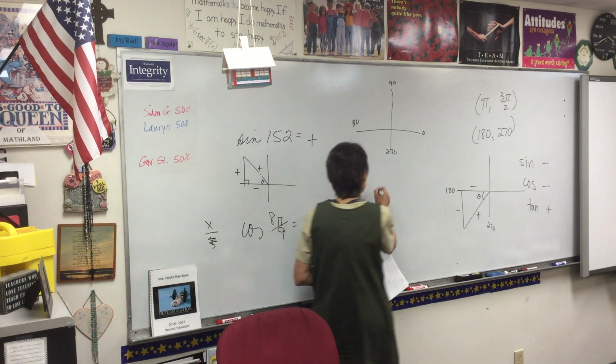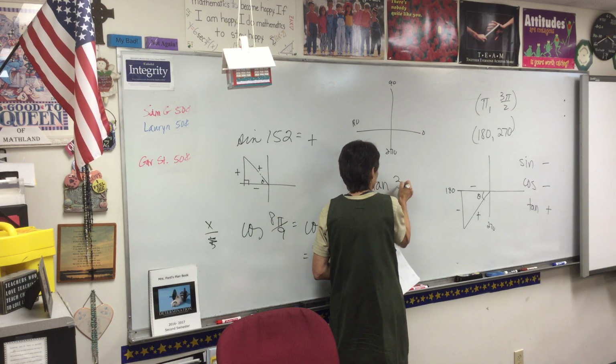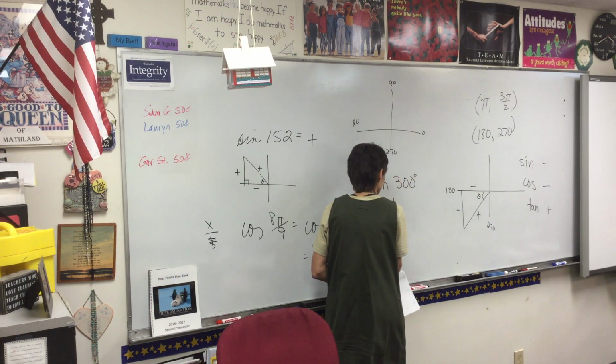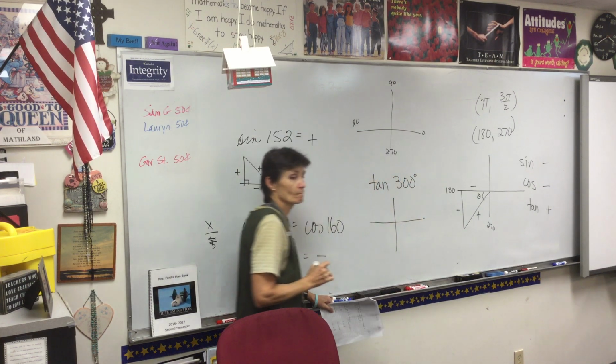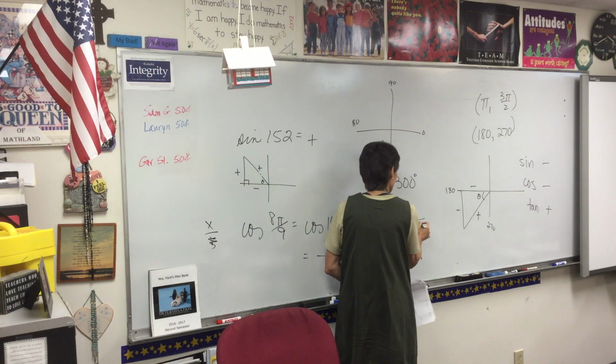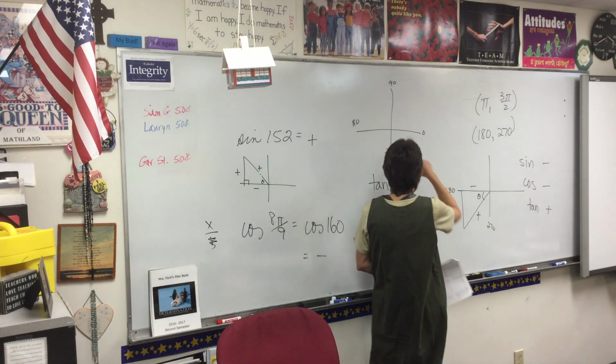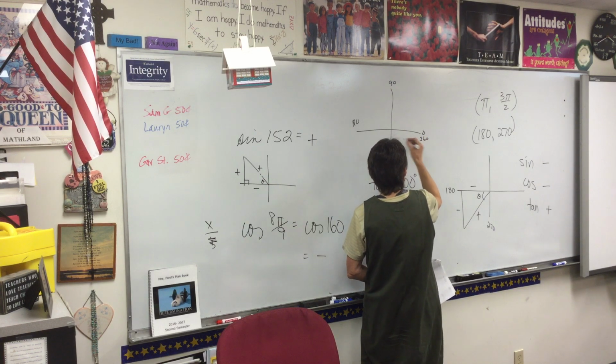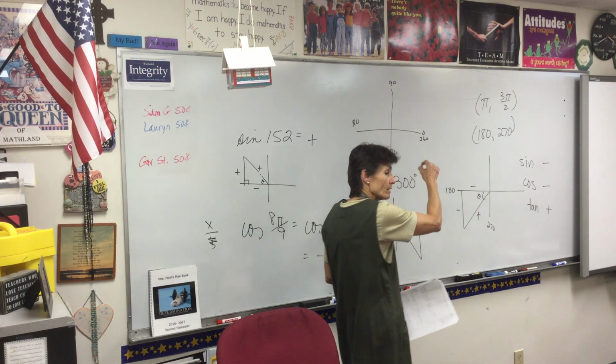All right, what about the tangent of 300? Where's 300? The fourth quadrant. 300 will look like this. We know that, people, because this is 270 and this is 360, and 300 is somewhere in between.